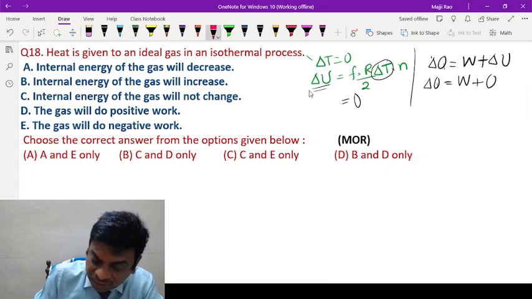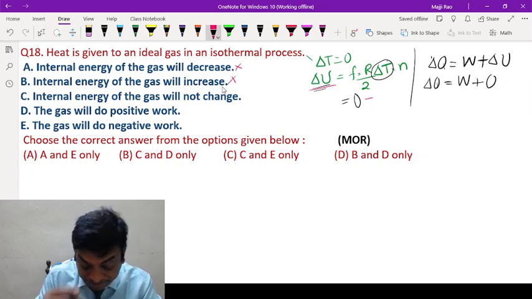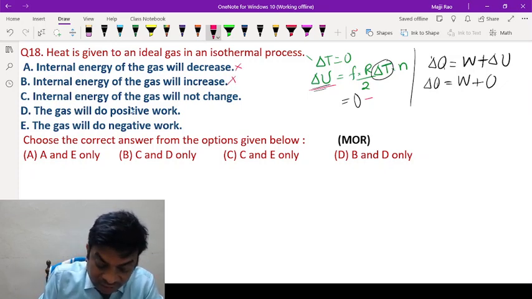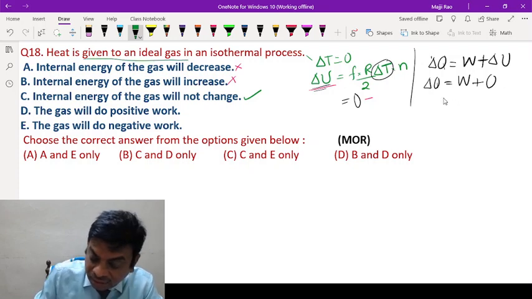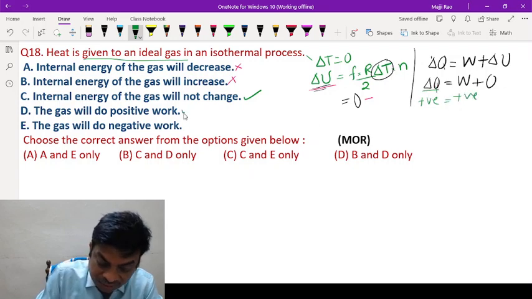Internal energy will not change, as we have discussed. So this is wrong and this is also wrong. Coming to statement C, internal energy of the gas will not change. Yes, this is true. The gas will do positive work. Naturally, if heat is supplied, the gas will do positive work, because if delta Q is positive, W has to be positive. So this is also correct.